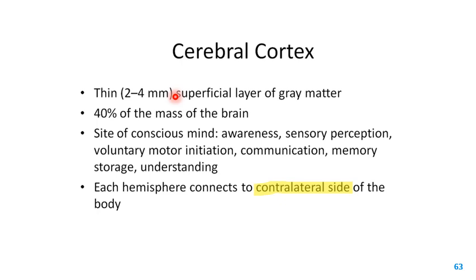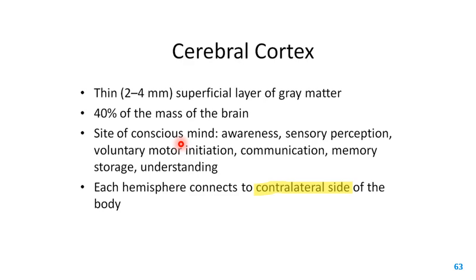That is your layer of gray matter. Yet when you look at the gyrus and sulci, you see that the surface area is huge. So this cerebral cortex, although it's very thin, makes up about 40% of the mass of the brain.